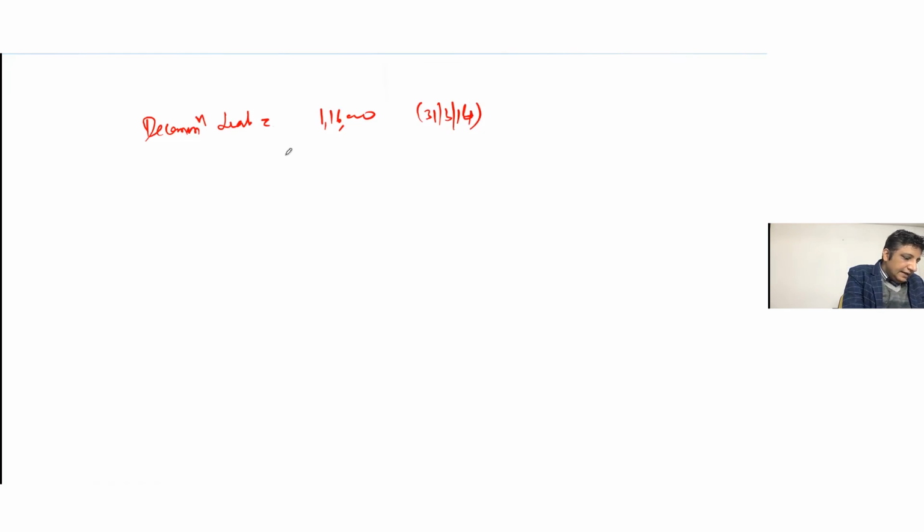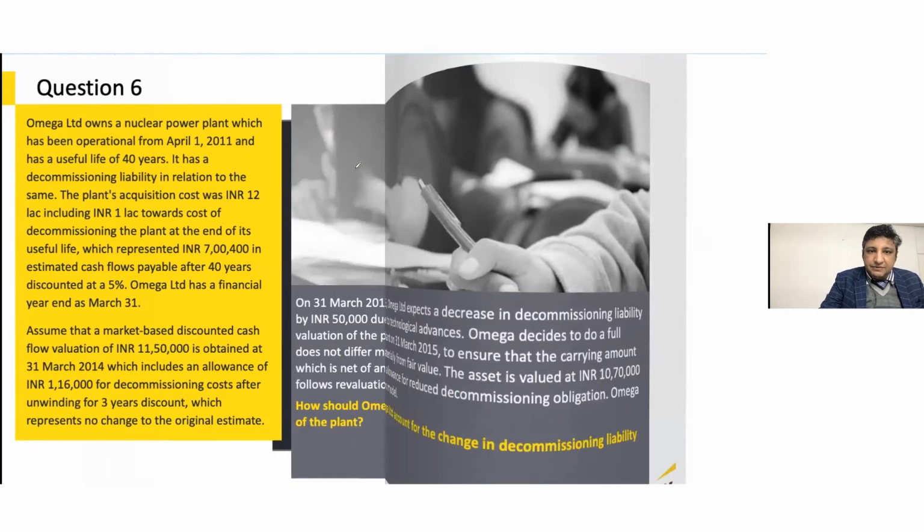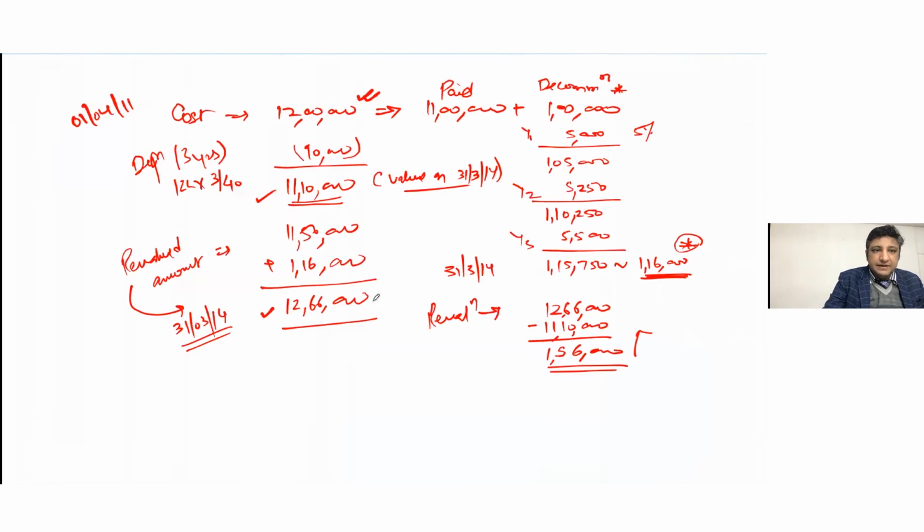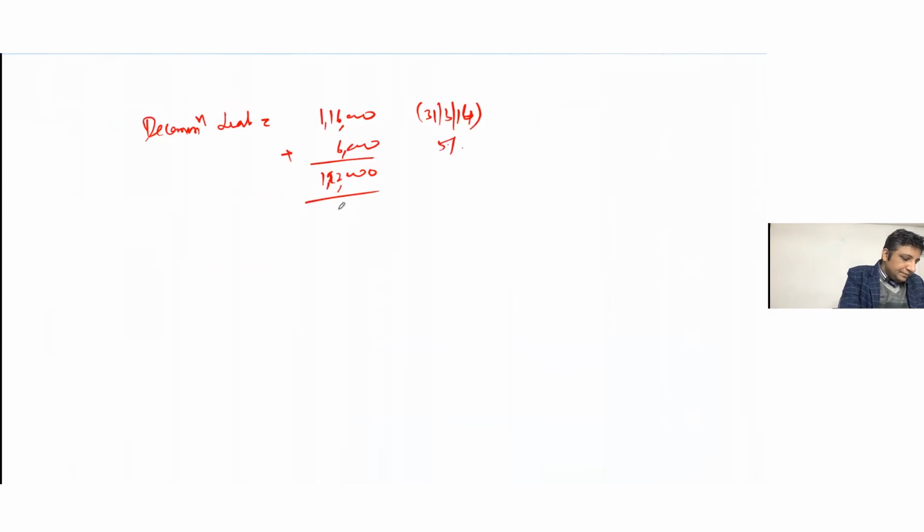Then I would add another 5%, which would be approximately 6,000. That makes it 1,22,000. Now, this decommissioning liability is reduced by 50,000, which means that my decommissioning liability remaining will be 72,000.